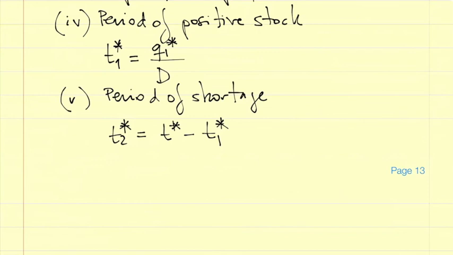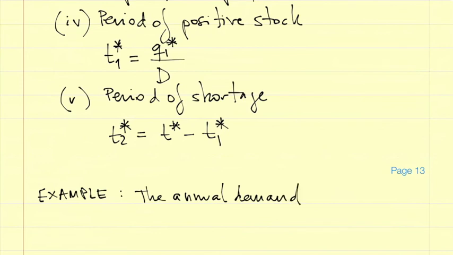Okay. So an example. The annual demand for a component is 7,200 units.